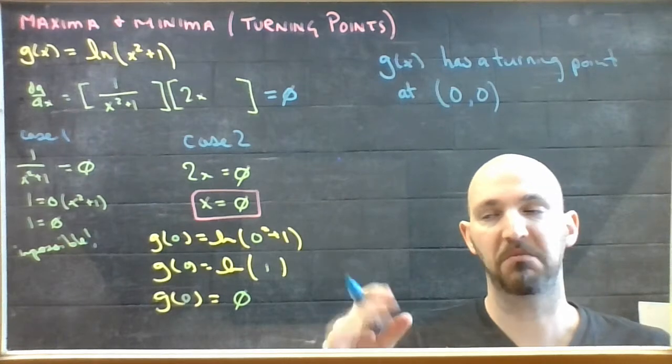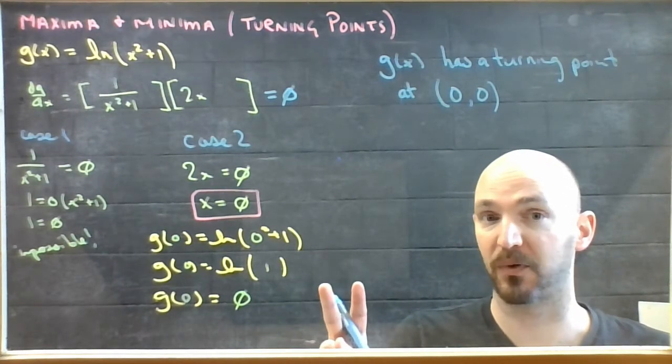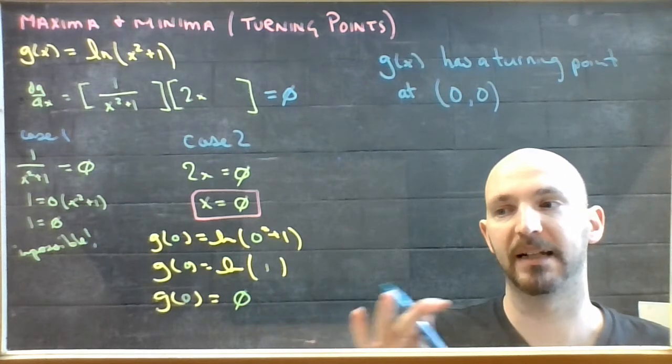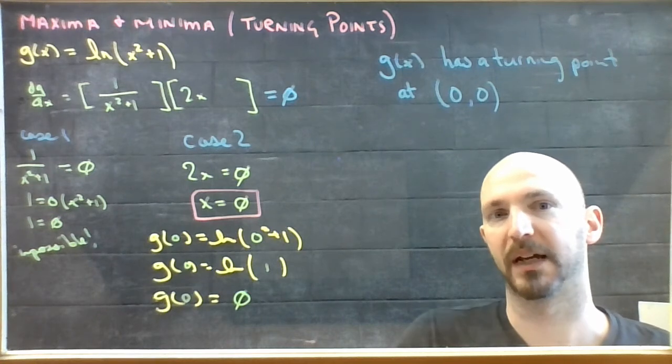Is it a maximum? I don't know yet. Is it a minimum? I don't know yet. It could be a saddle point. I don't know that yet. I need all the other features about this function on a grid before I'll be able to make that determination.